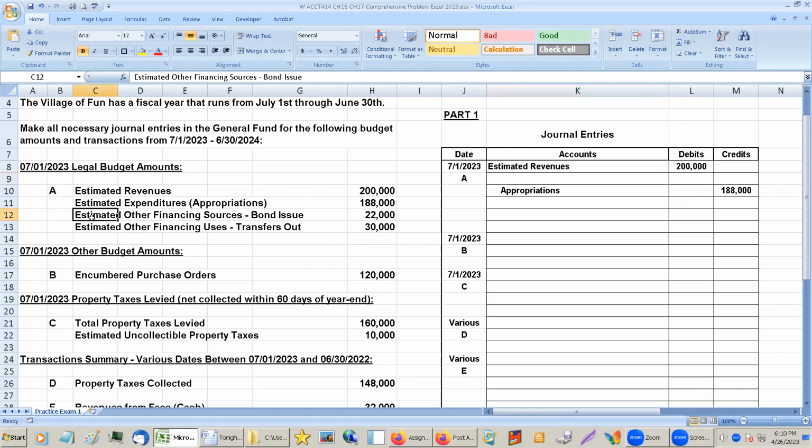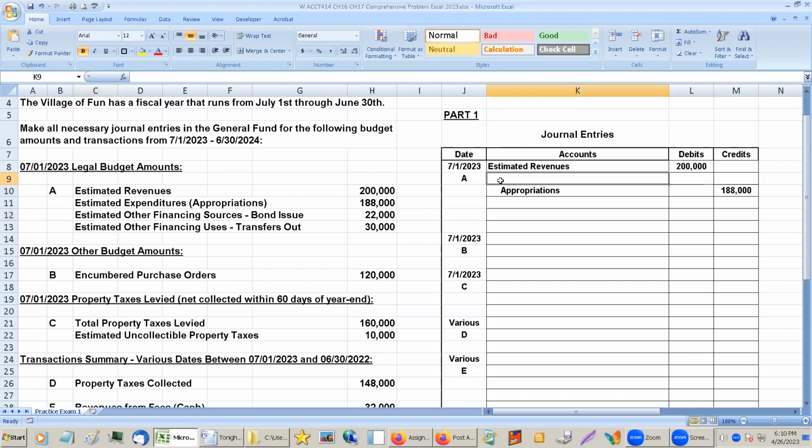Now, estimated other financing source. Is that going to be similar to a revenue or an appropriation or expenditure? If this is a source, it's like revenue.